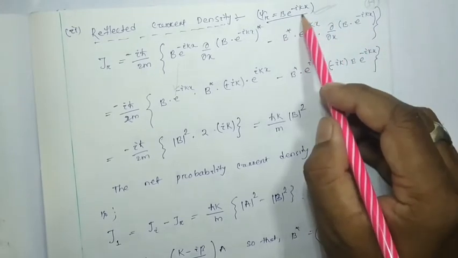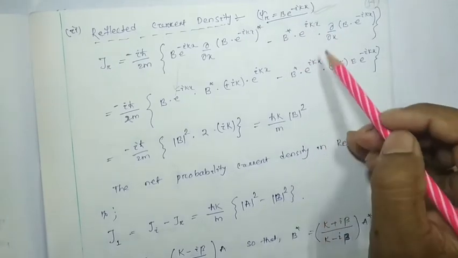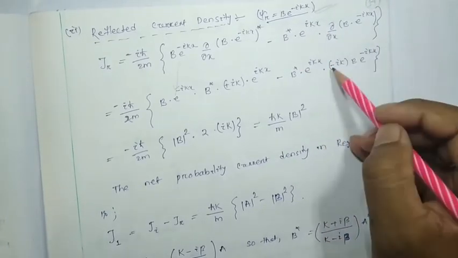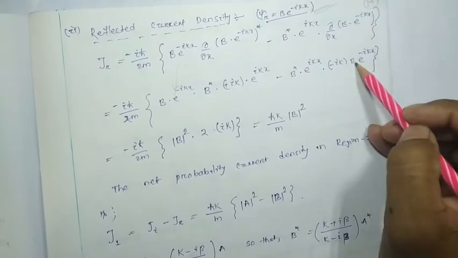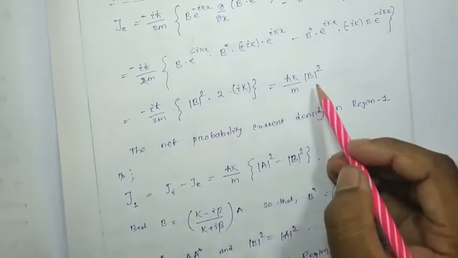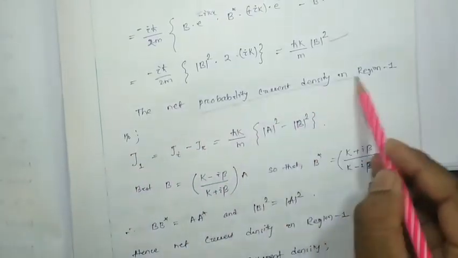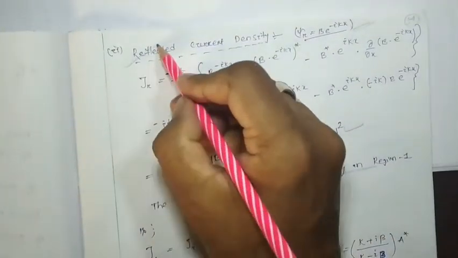Psi is this one, psi star means b star into e to the plus ikx, into minus ik into b into e to the minus ikx. So similarly we get h cross k by m b square, the net probability current density. This is our reflected current density.